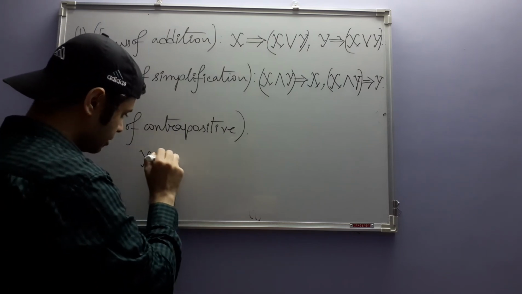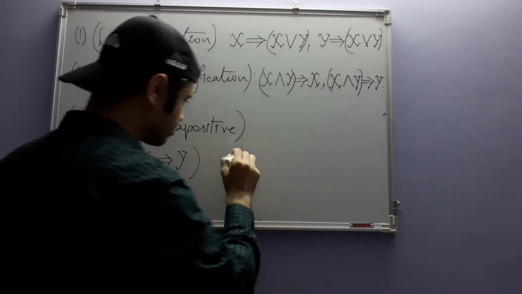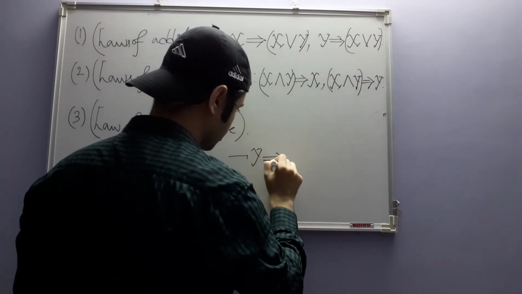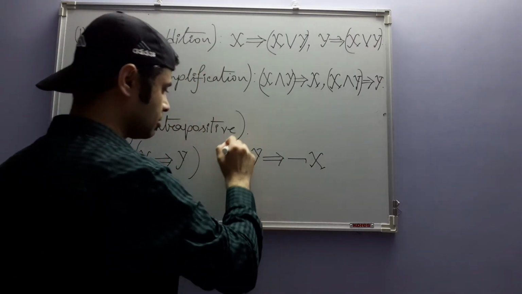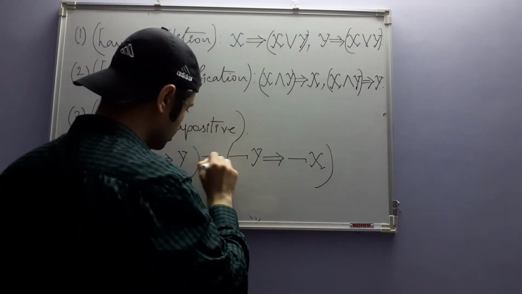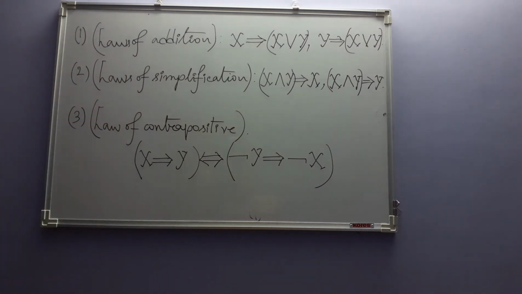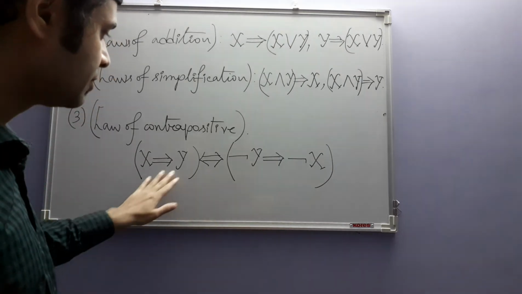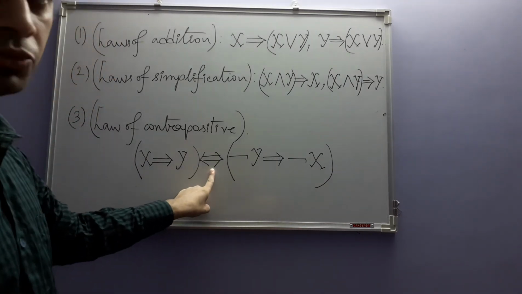This is an implication, and its contrapositive is negation of y implies negation of x. These two implications are logically equivalent. They are one and the same thing logically. They mean the same thing. Either both of them are true or both of them are false, recalling the meaning of this.